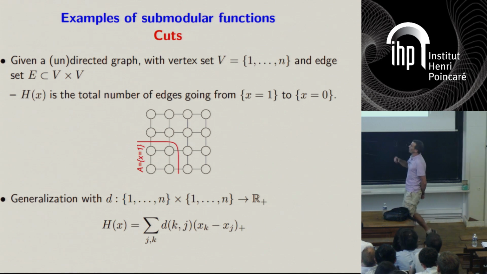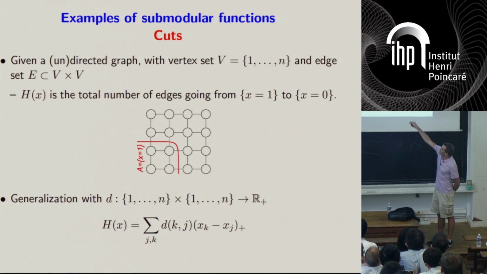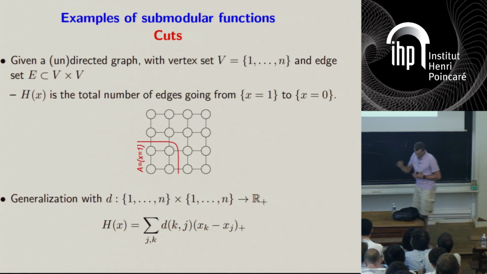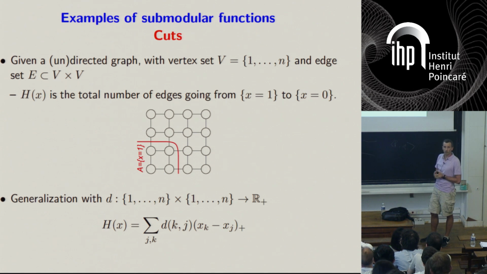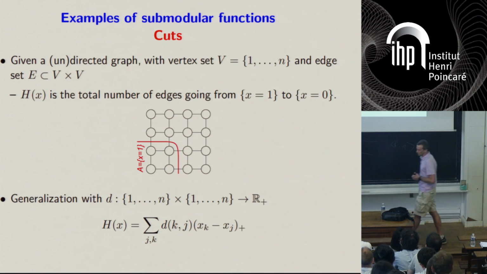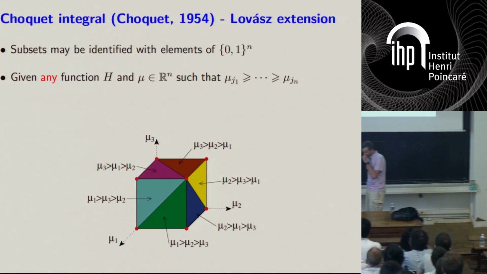Essentially, for the image problem, each node represents a pixel, and you want to minimize the cut, so you want to have zones which are as flat as possible with only a small number of cut edges, and this is essentially what people use cuts for.